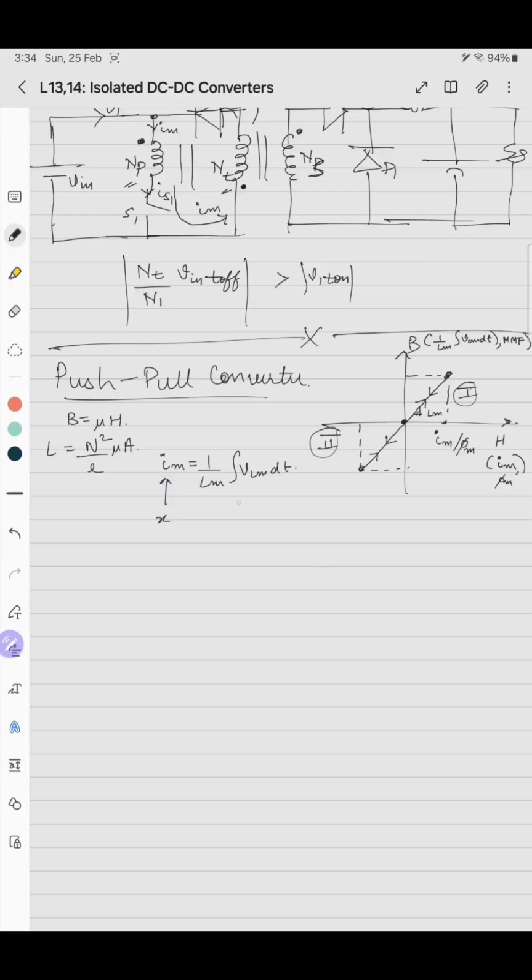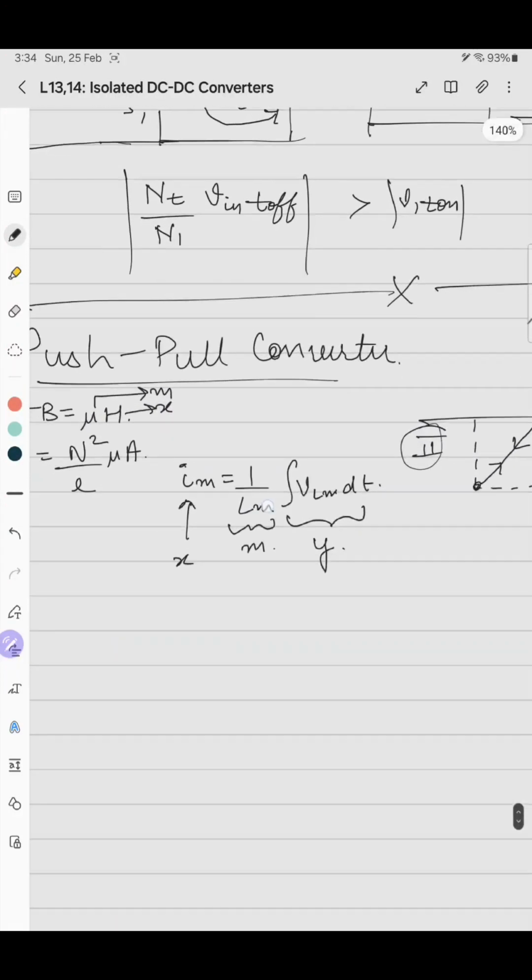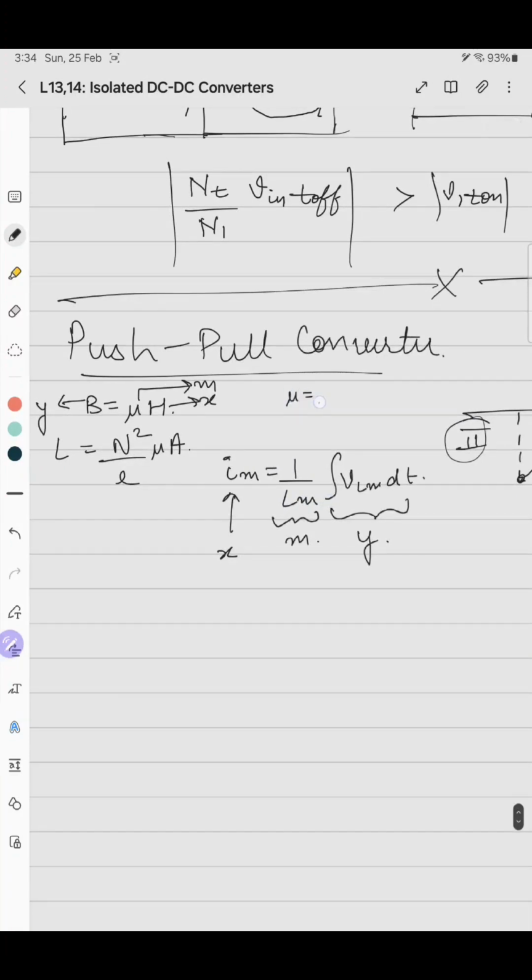If this is on the x-axis and this portion on the y-axis, then this becomes the slope m. If this is on the y-axis and this on the x-axis, then this becomes the slope n. So the slope is a function of the relative permeability of the material. Mu equals mu naught mu r.